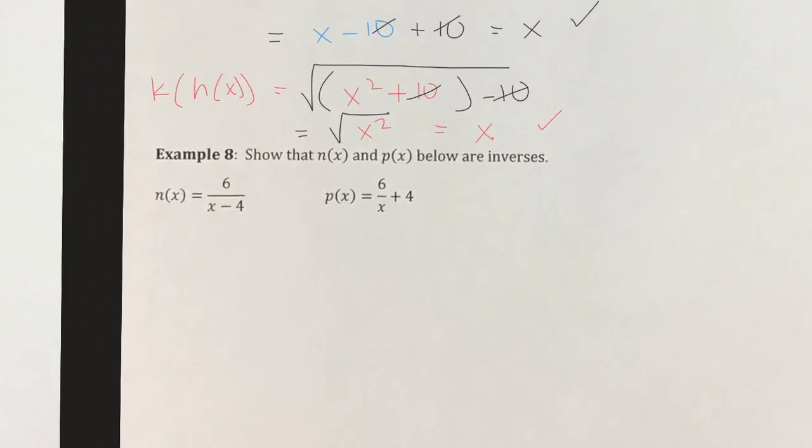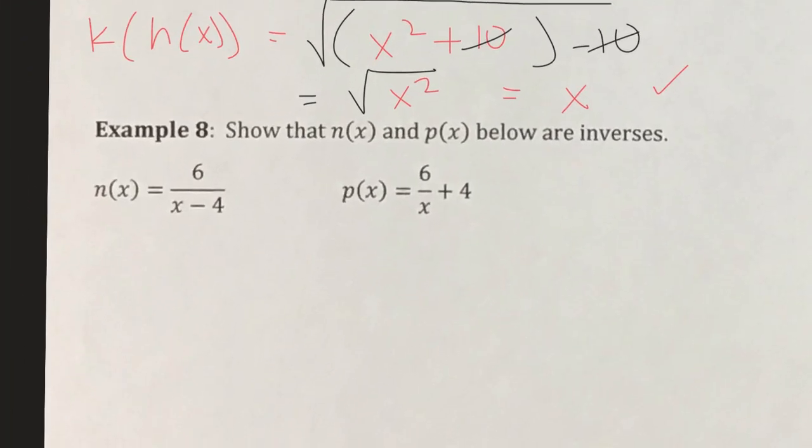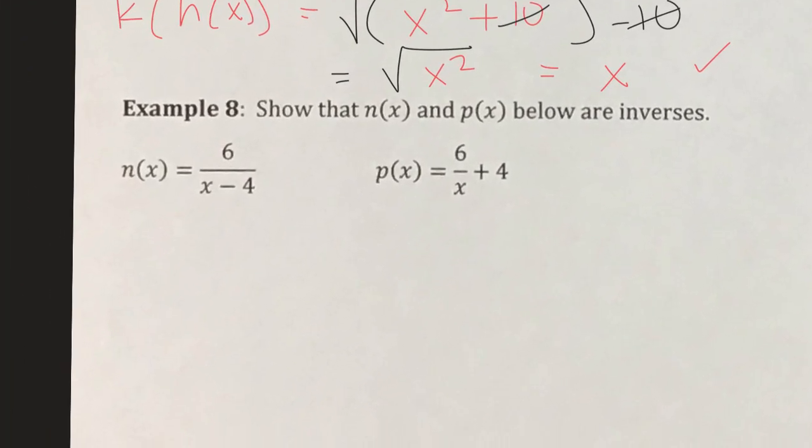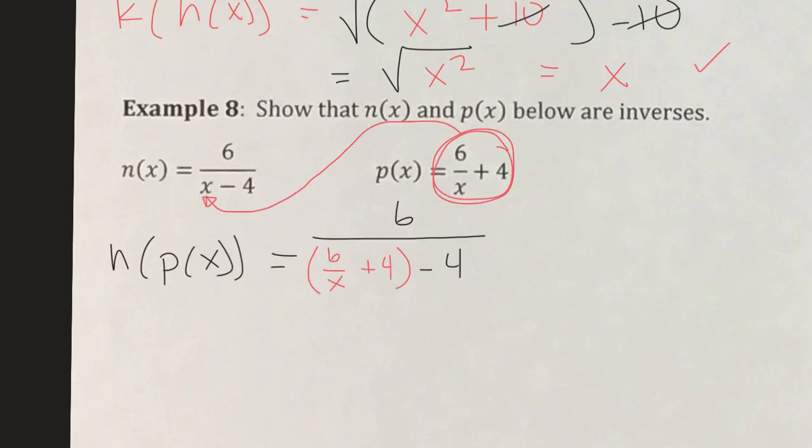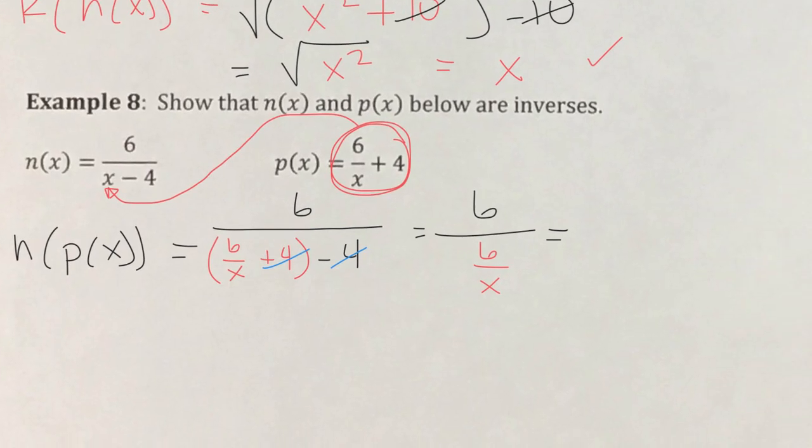Okay, so there's one thing that I want to mention about number 8, because the inverses are easy to do, but then the math is more complicated. So here I have replaced x with p of x. And let's simplify. So plus 4 minus 4, that's 0. So this is 6 divided by x. Okay? We're going to run into this type of algebra time and time again.